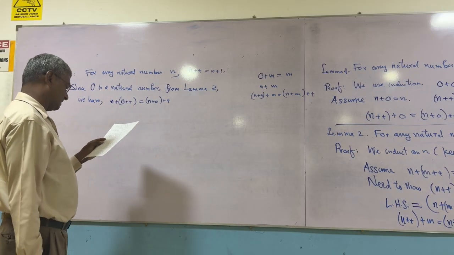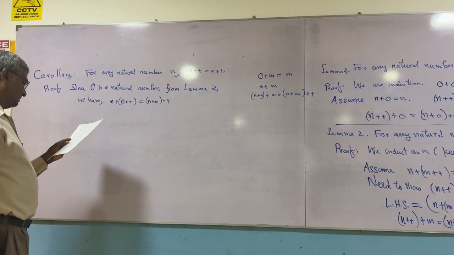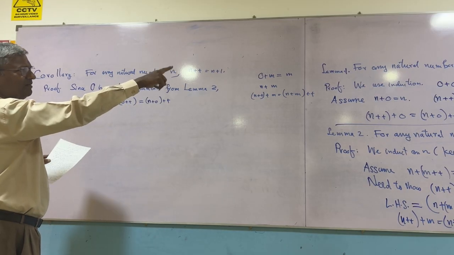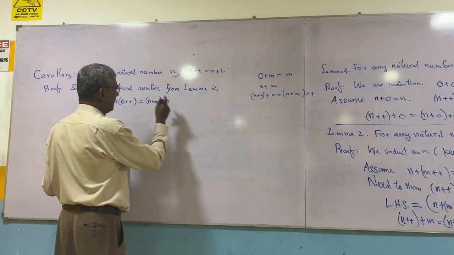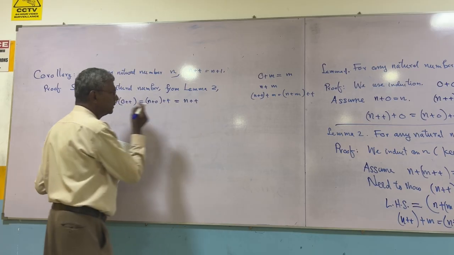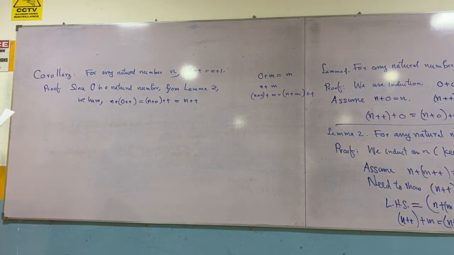However, we know by lemma 1, n plus 0 is n. So this is n plus plus. Right? By lemma 1. Both lemmas are used here.